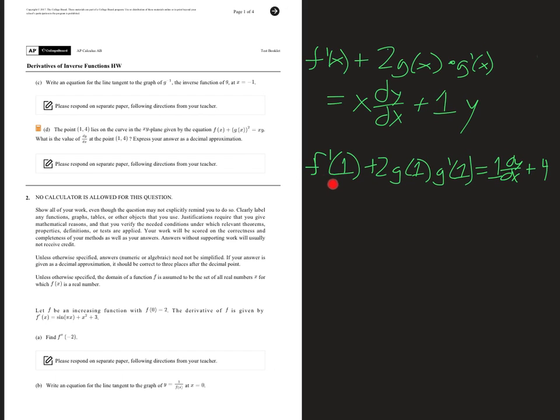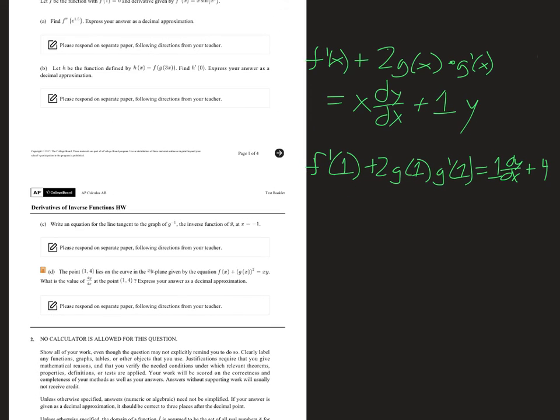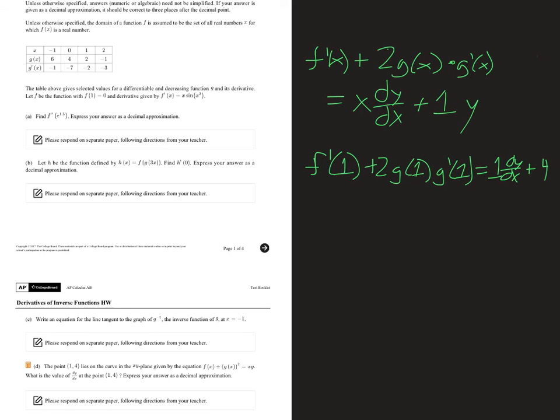Now you will have to plug 1 into the given function for f prime. Plug 1 in here to get that value. And to get this value, I will need to find g of 1, which is 2, and g prime of 1, which is negative 2 from my table. Then I can simplify it all and just bring the 4 over and get my value for dy dx.